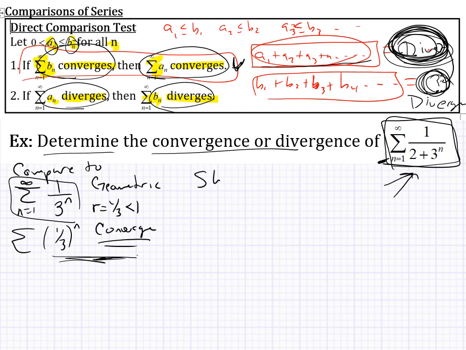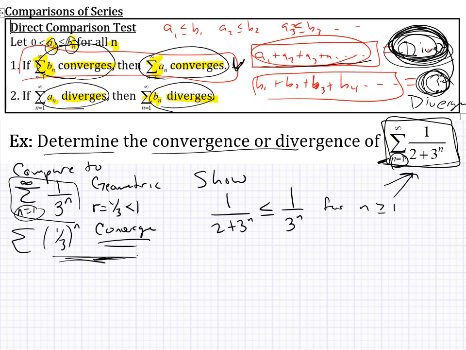So now what I have to do is show that 1 over 2 plus 3 to the n is smaller than 1 over 3 to the n, or equal to, could also be the case, for n greater than or equal to 1, because that's where the series is starting here.